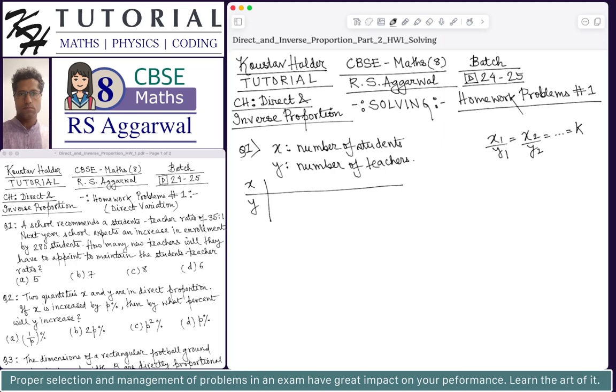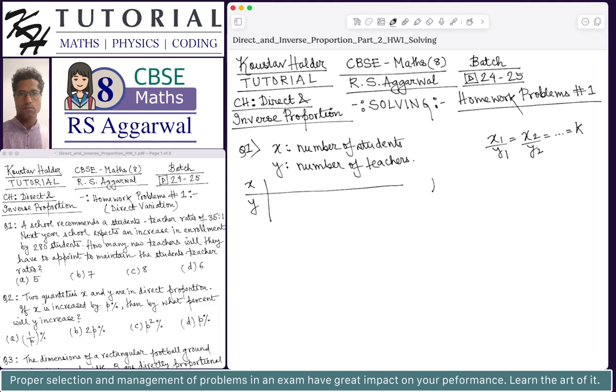I only know that the number of students in the next year will be more by 280, and I have to find how many new teachers will need to be appointed in the next year, which means I have to find the difference between the number of teachers in the next year and the number of teachers in the current year. So we have to assume something so that we can apply the concept.